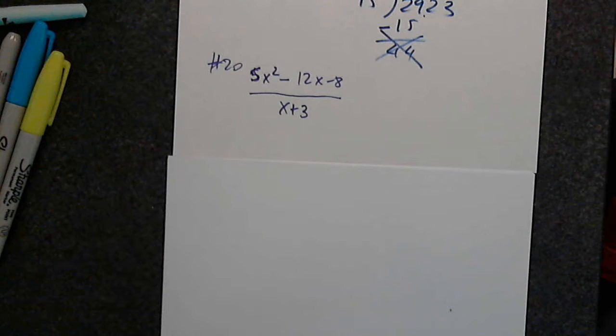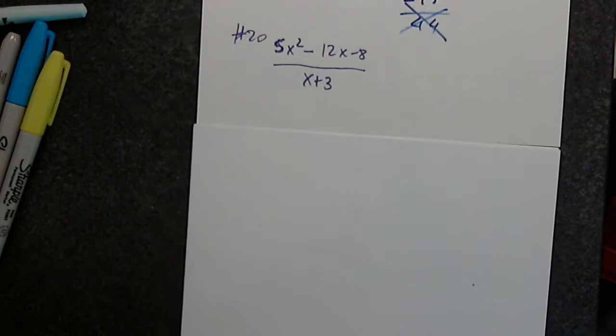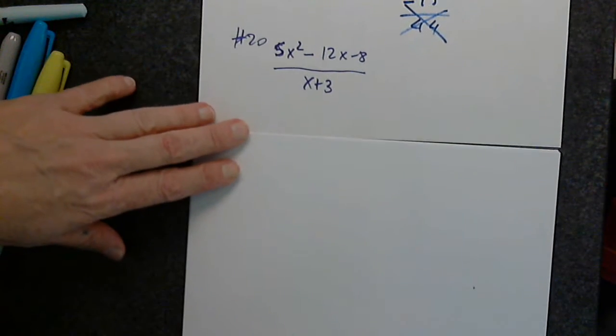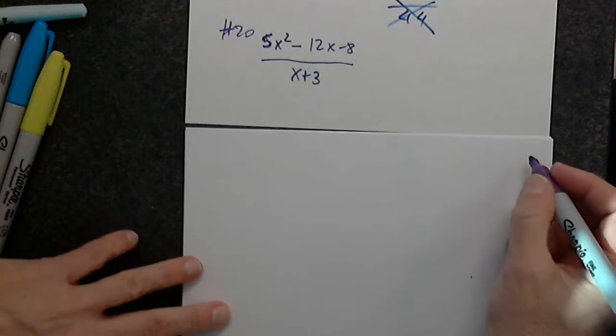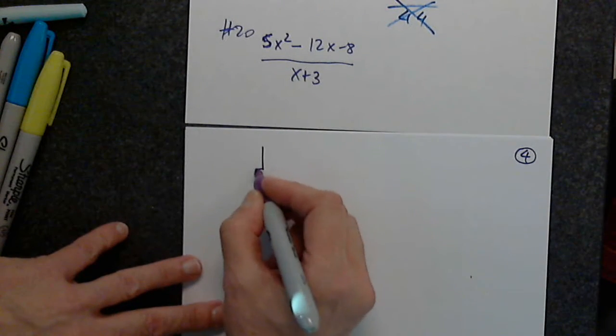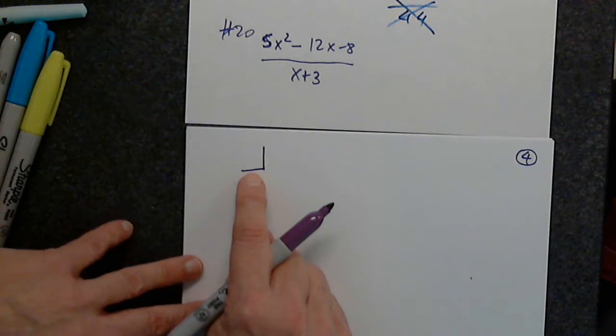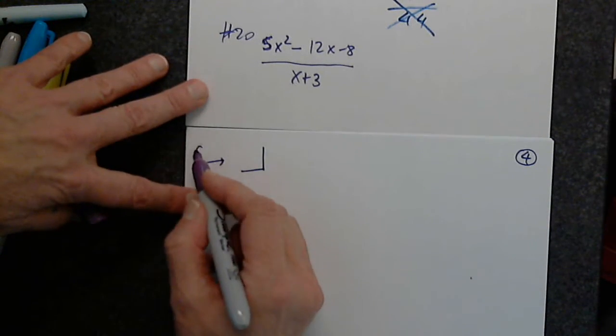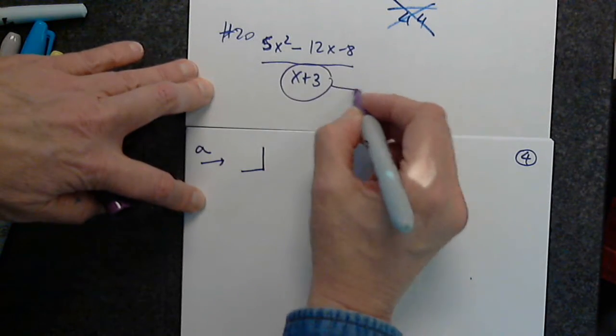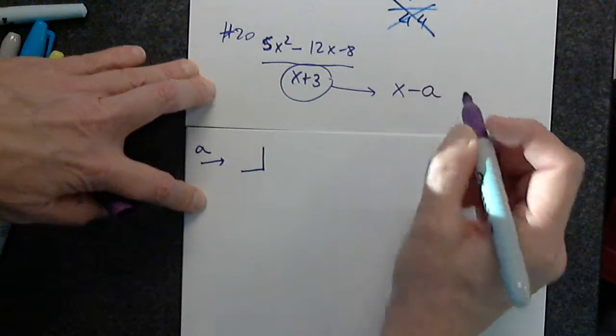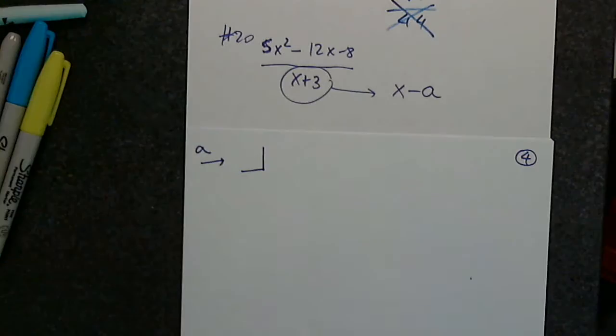Yes. Can I use long division? Yeah. Perfect. Good. So here's the algorithm for synthetic division. In this little box, we are going to put what is called A. So compare this to x minus A. By comparison, you will be able to tell me what A is.